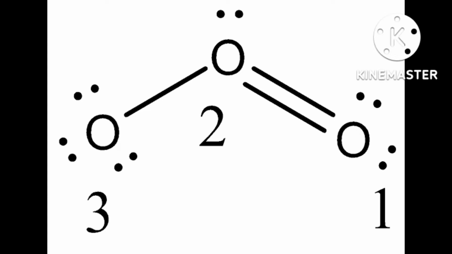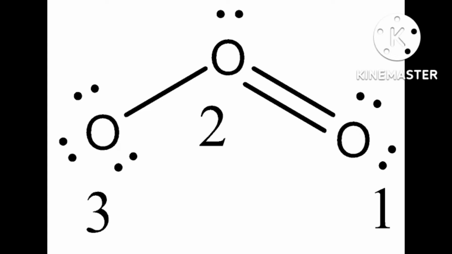Formal charge on an atom is equal to the total number of valence electrons in the free atom, minus, two times you have to do minus. First, you have to subtract the total number of non-bonding lone pair electrons.